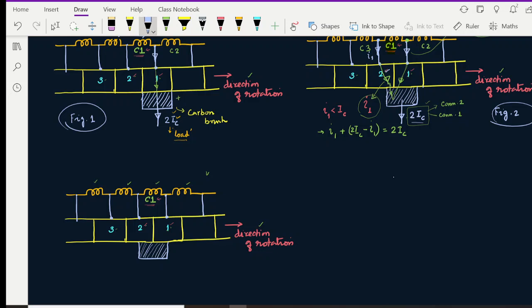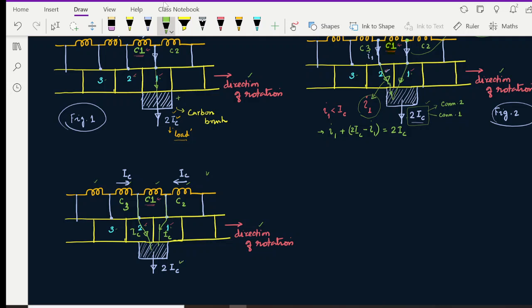Don't ever forget, the current still coming out is 2 IC. The current in C3 and C2 is still IC. Commutator segment 2 offers you IC at this junction, commutator segment 1 offers you again IC at this location, so 2 IC has come.